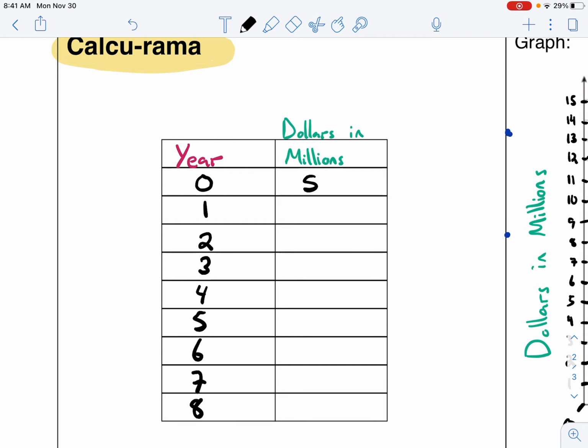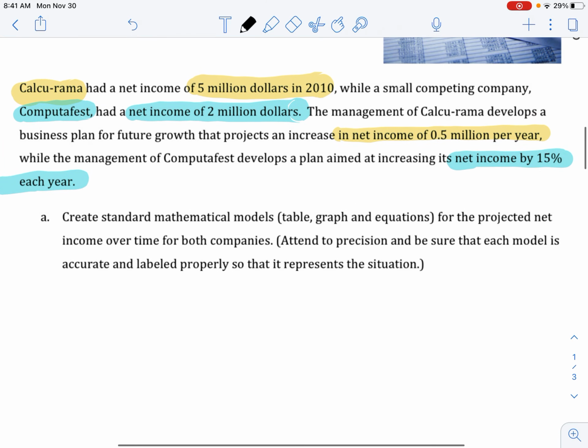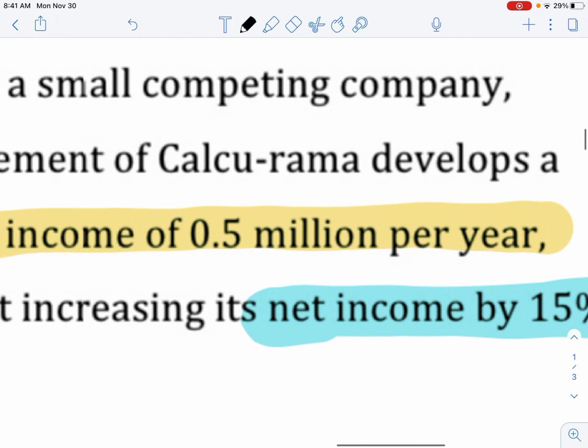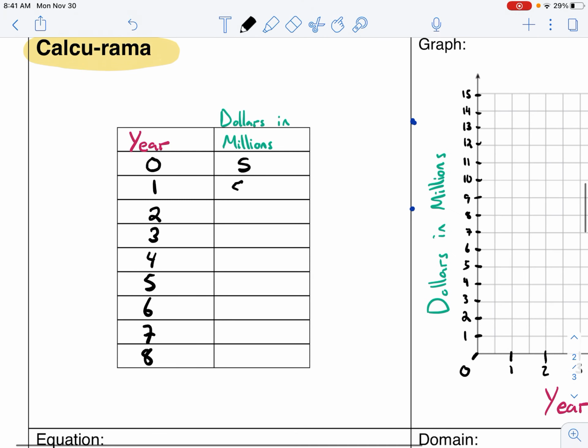Each year it's increasing by $500,000. So year 1, we'd have 5.5 million, then 6, 6.5 million, 7, 7.5 million, 8, 8.5 million, 9.